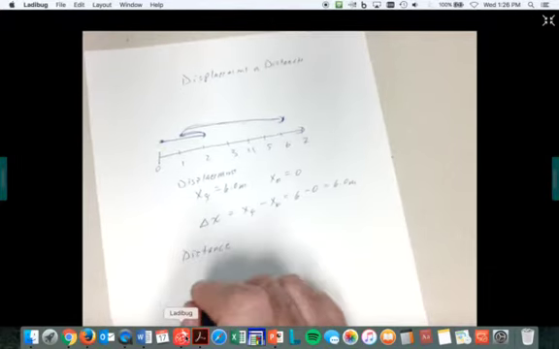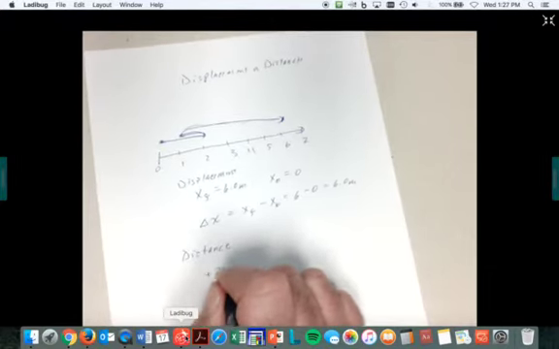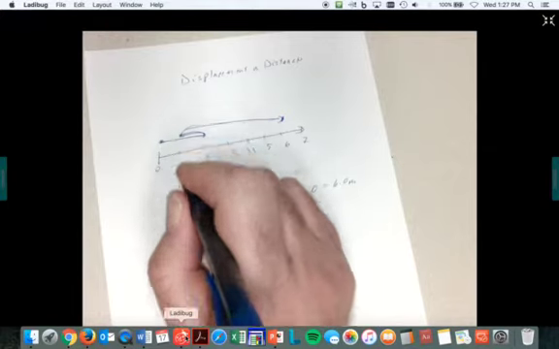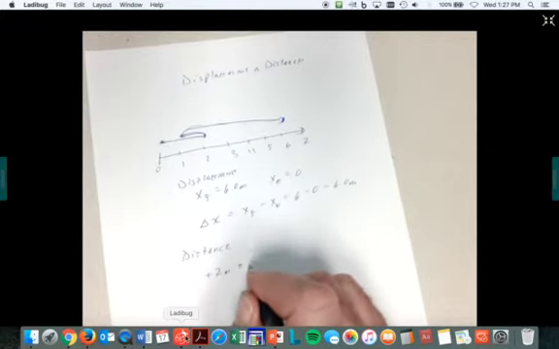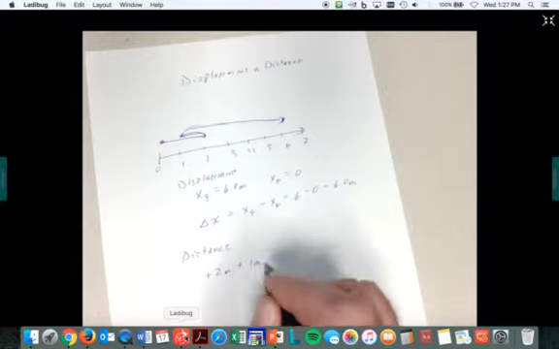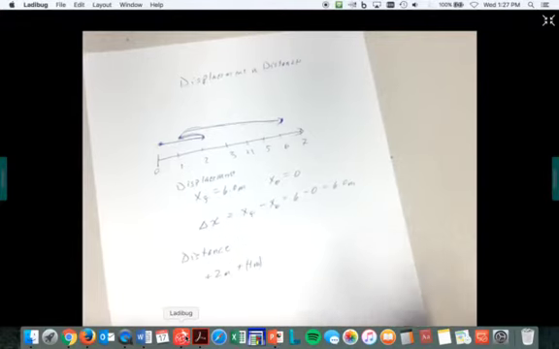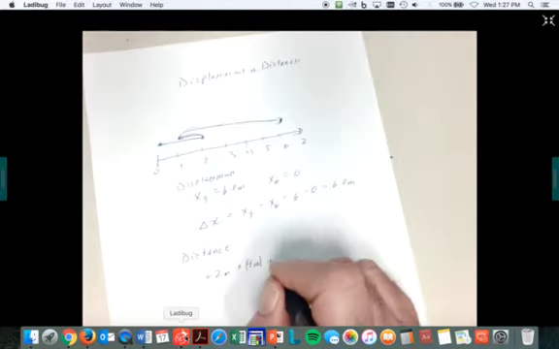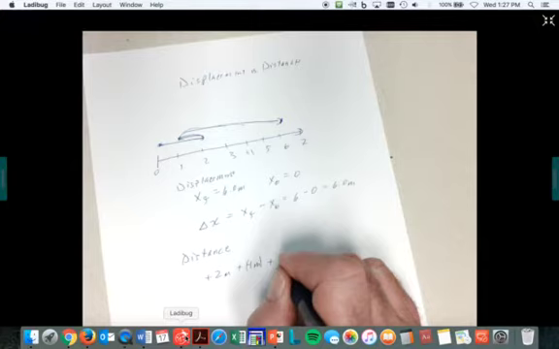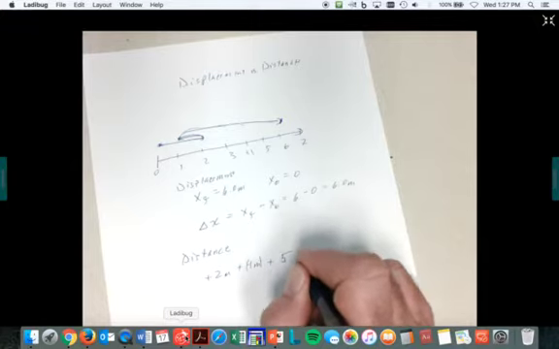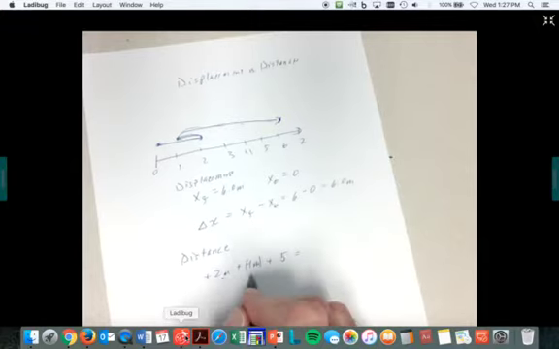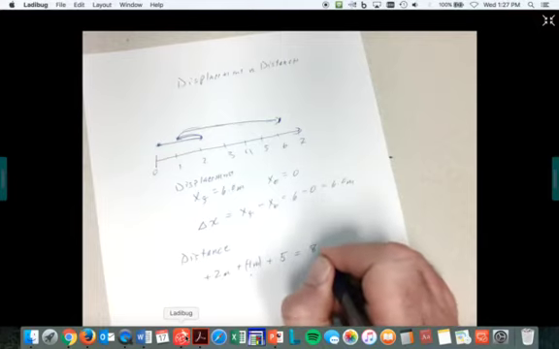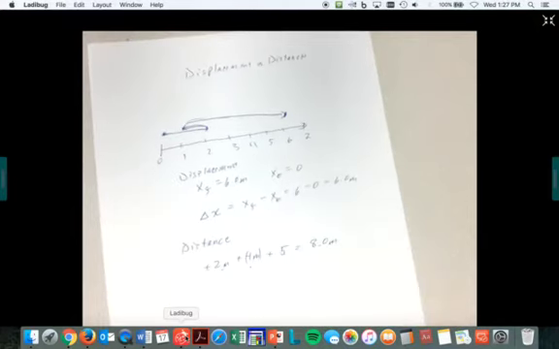So I went plus 2 meters, plus I went back a meter, absolute value of minus 1 meter, plus I went from 1 to 6, which is plus 5 meters. So I've got 2, absolute value of 1, and 5, which is 8 meters. That's my distance, okay? There we go.